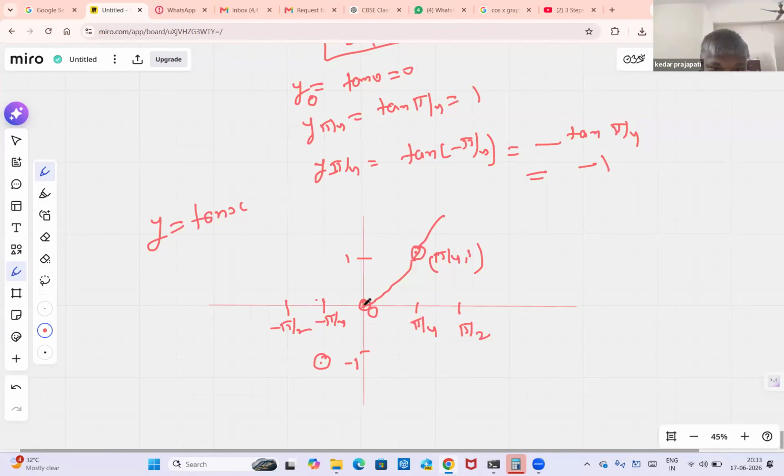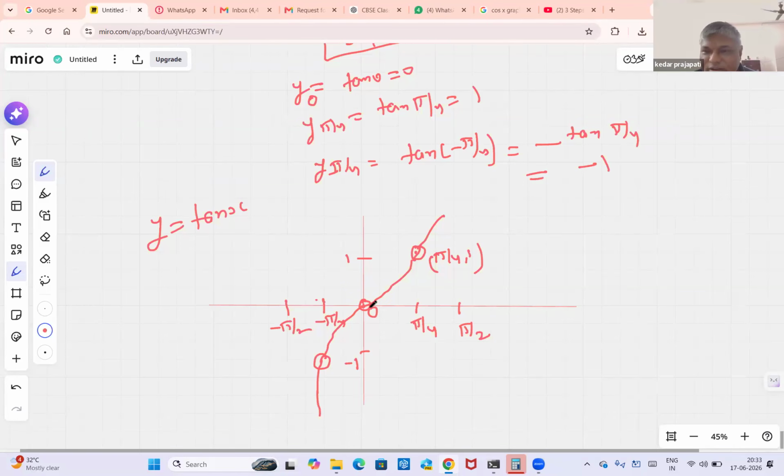It will come like this. Right? Now if you draw a line, that line will cut this graph at only one place. So this is a perfect one-one function. Okay. So this is the graph of y equal to tan x.